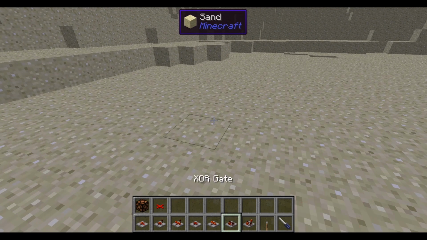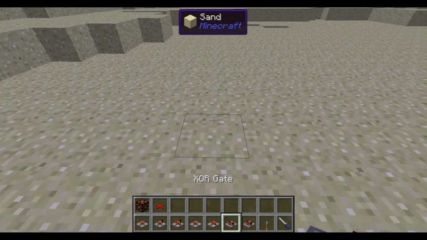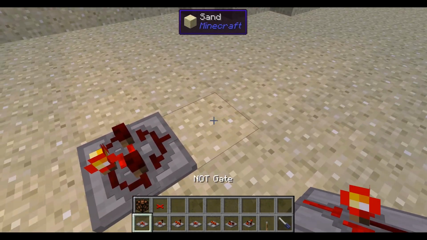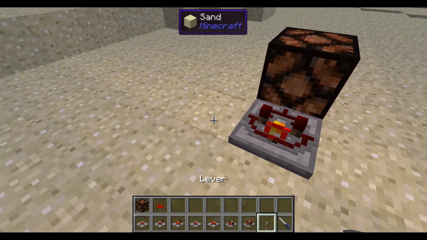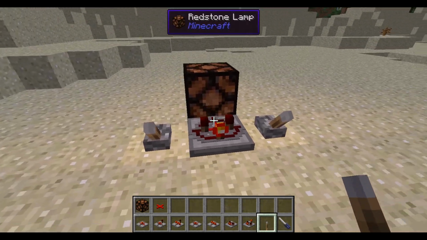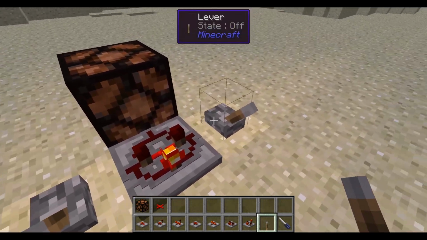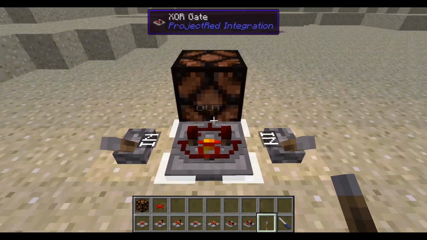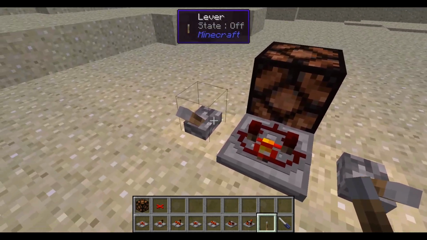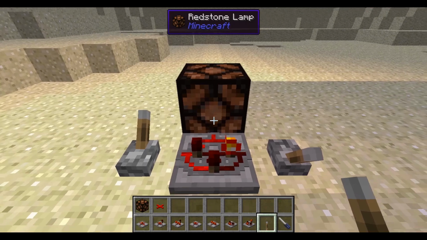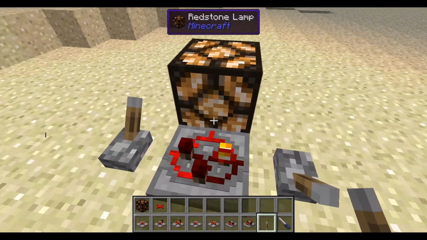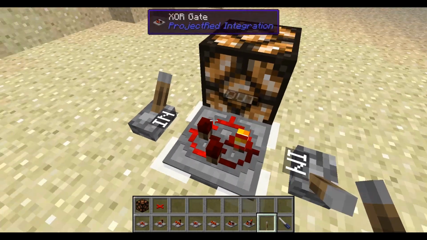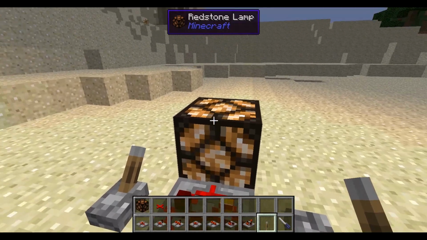So I can show that by just putting down an XOR right here, and I'll forget about the wires right now. Both inputs are the same, both low. As you can see, the levers say they are off, and that light is off. But when I set one of the inputs high, the lamp will turn on.